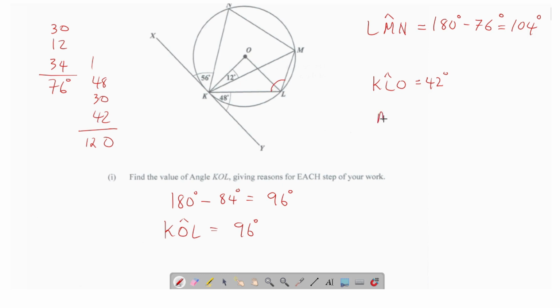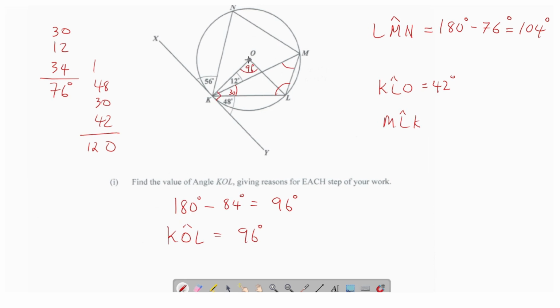Right, so we already know that this angle is 30 degrees, because if that's 48 and that's 12 and this is 90, 48 and 12 is 60, so this should be 30. We already found KOL, and KOL was 96 degrees.